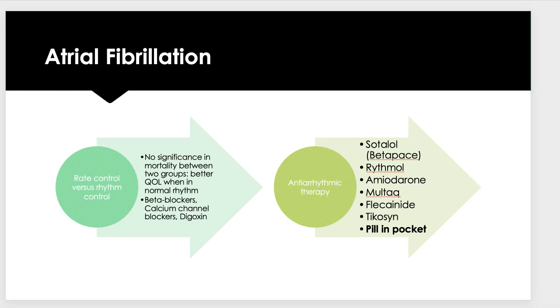We have sotalol, Rythmol, amiodarone, Multaq, flecainide, Tikosyn, and then also a pill-in-the-pocket approach where, if patients are highly symptomatic and know exactly when they go into atrial fibrillation, they can take high doses of flecainide or Rythmol, and these medications will convert the patient to normal rhythm.